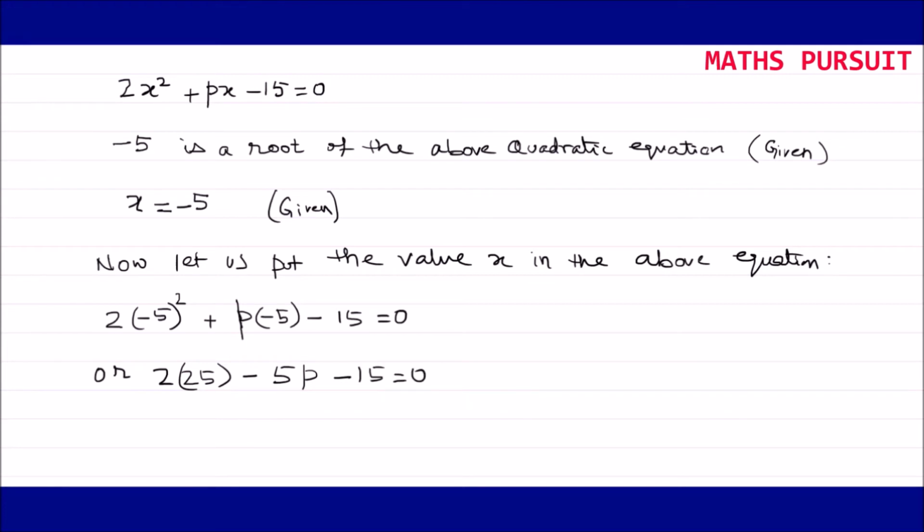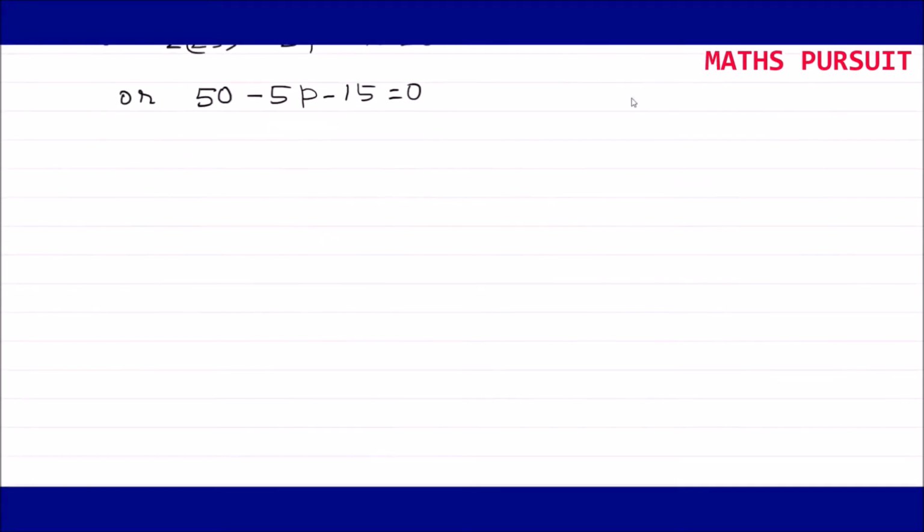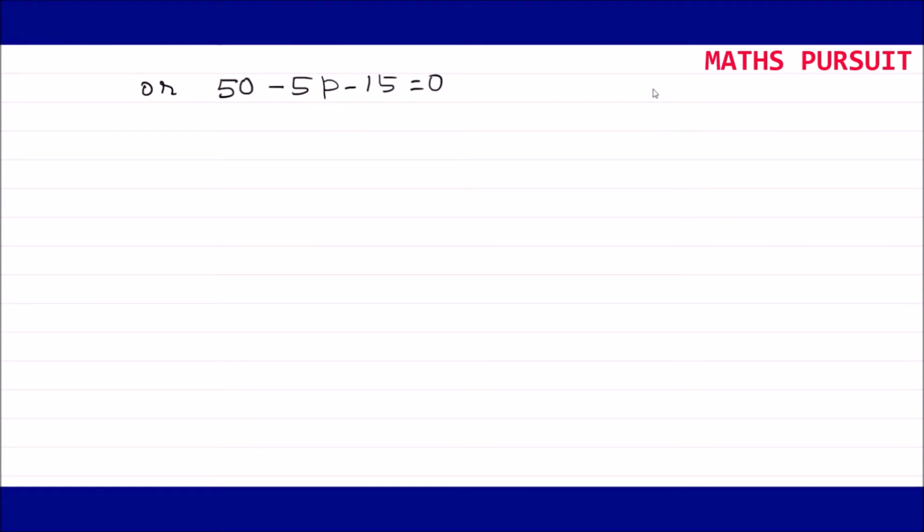Or 2 into 25 is 50, minus 5p, minus 15 is equal to 0. Further solving this, 50 minus 15 is equal to 5p. I moved this 5p to the right side of the equation, so it became positive.